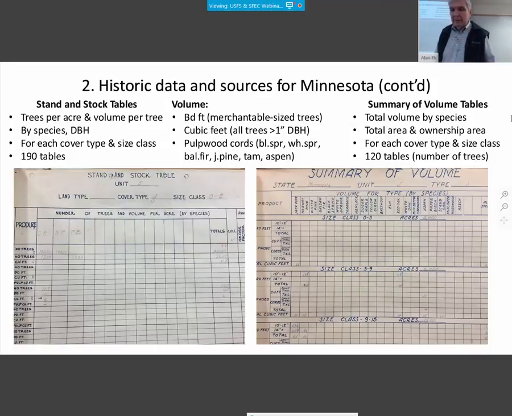And the 2.5 by 2.5 foot summary sheets looked a lot like this, with trees per acre and volume per tree by species, DBH for each cover type and size class. 190 tables there, about 120 over in the summary areas, and we were able to make this come out fairly well.